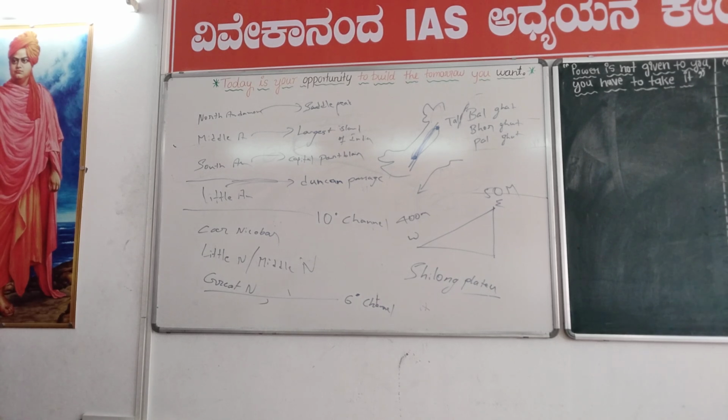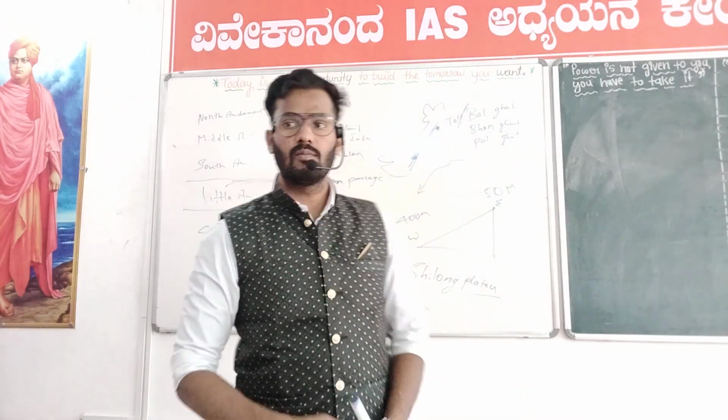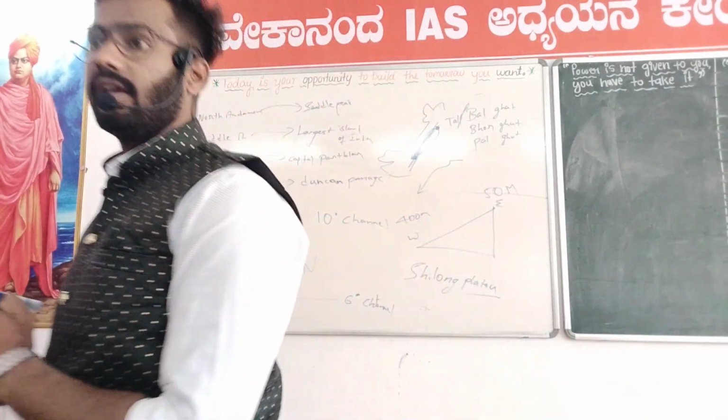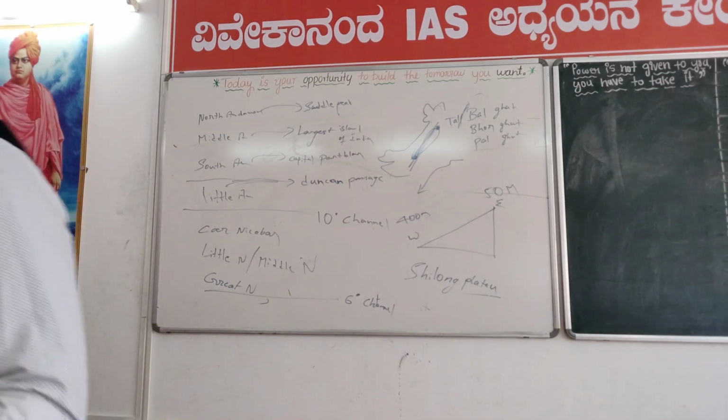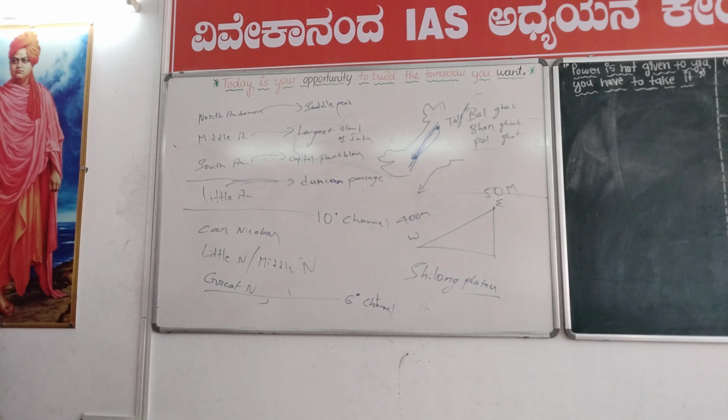Southernmost mainland, Kanyakumari. What is another name of Kanyakumari? Sometimes instead of Kanyakumari, they call the southernmost mainland Cape Comorin. Yes, Cape Comorin, they have asked.